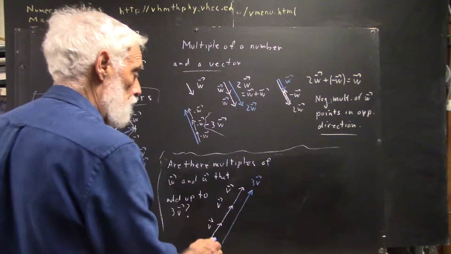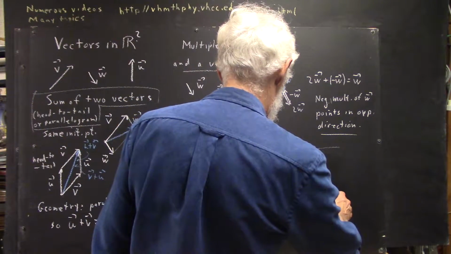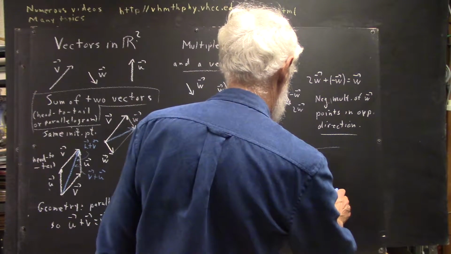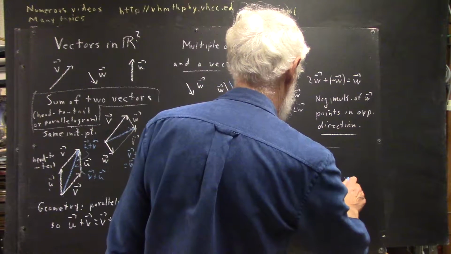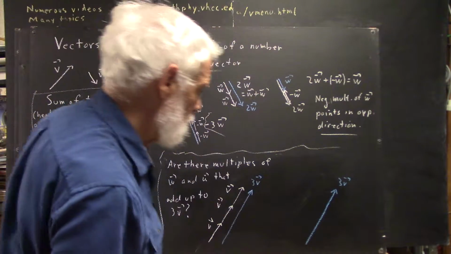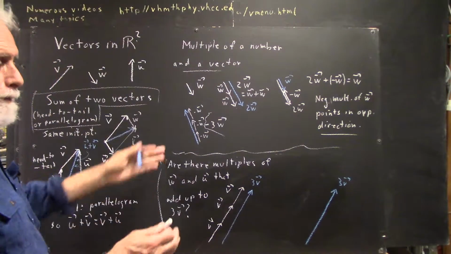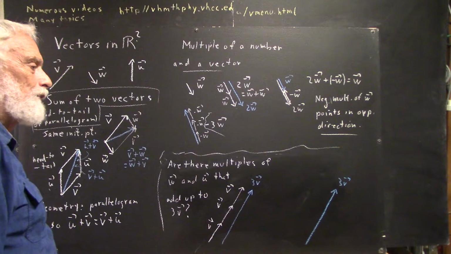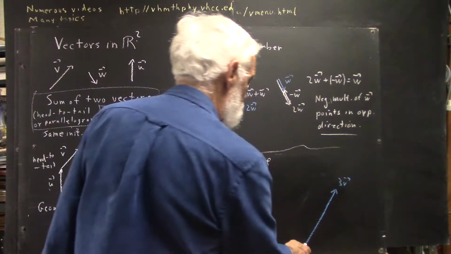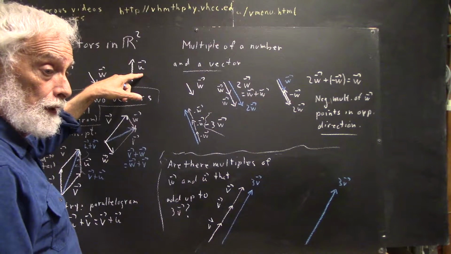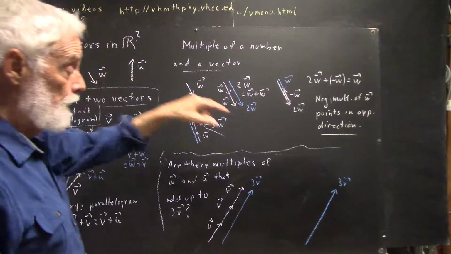So I'm going to put my 3v over here, and I hope it's long enough. It's probably a little short based on the scale of what I have over here. That's actually probably only about 2v, but you'll get the idea. Okay. So this means starting from the initial point, I'll take some multiple of u and add that to some multiple of w to get 3v.